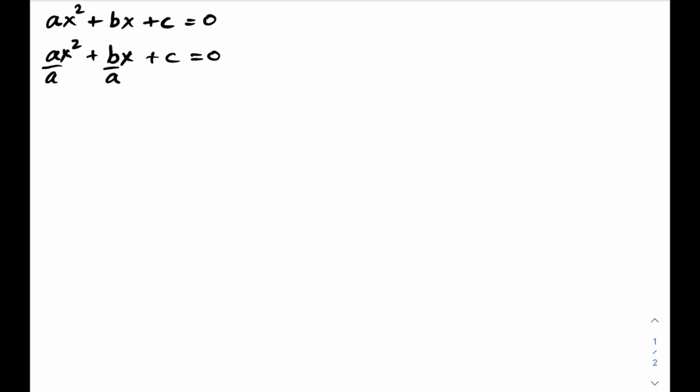Going to divide by a to each term. Cancel the a. Zero over a is 0.